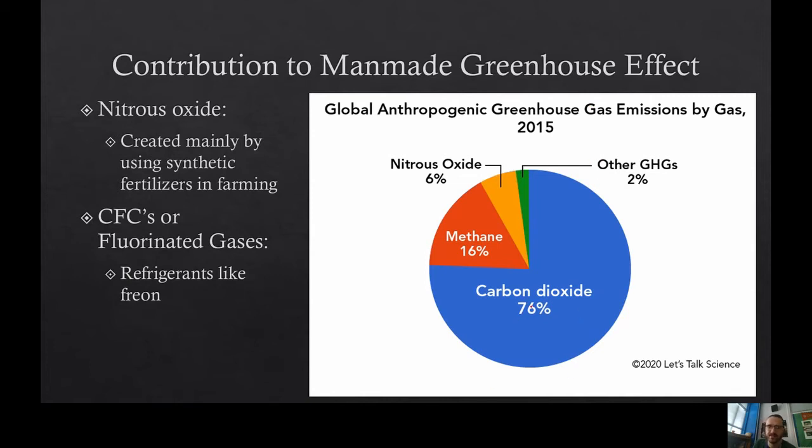Roughly 76% of global warming is caused by carbon dioxide. About 16% is caused by methane, and then a couple of tiny slivers, which are tiny but not completely negligible, would be nitrous oxide and other greenhouse gases. And I'll get into what that other category is in a moment.